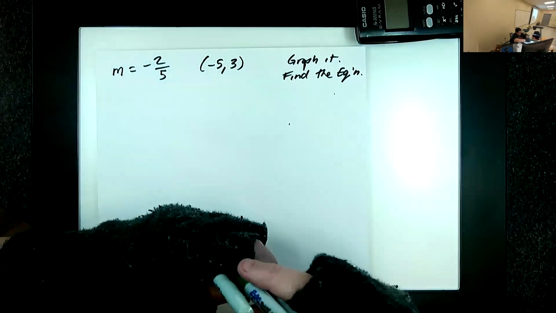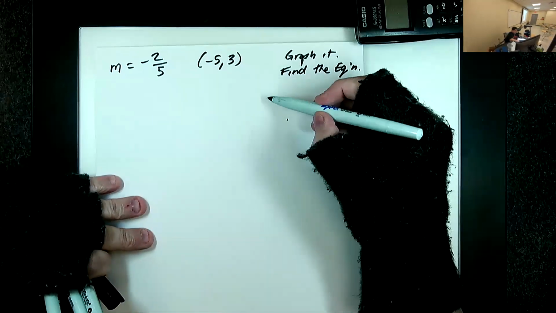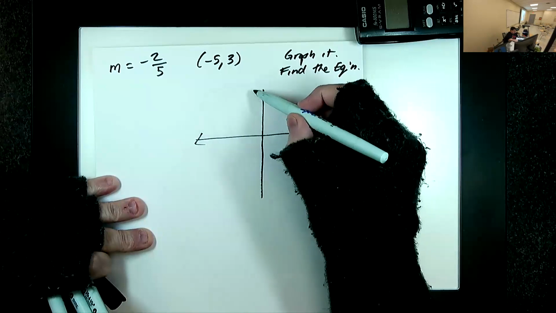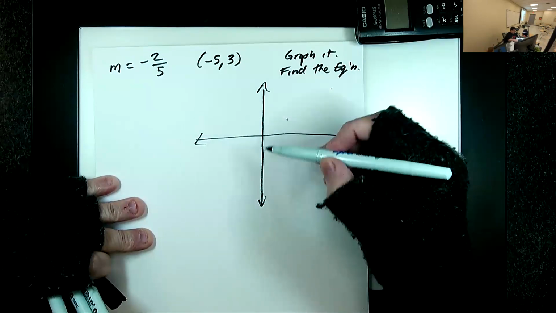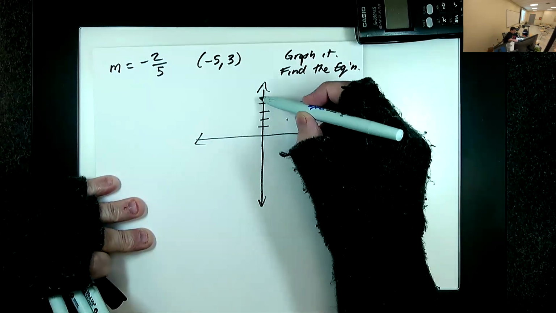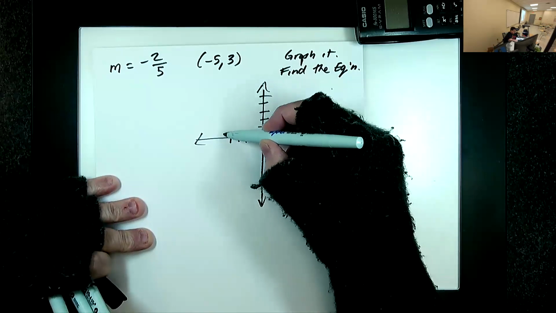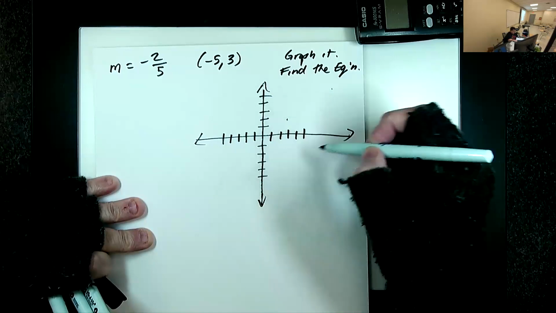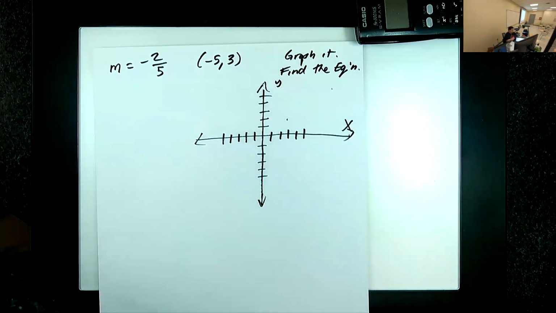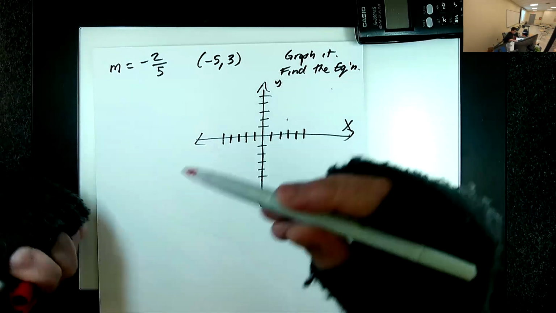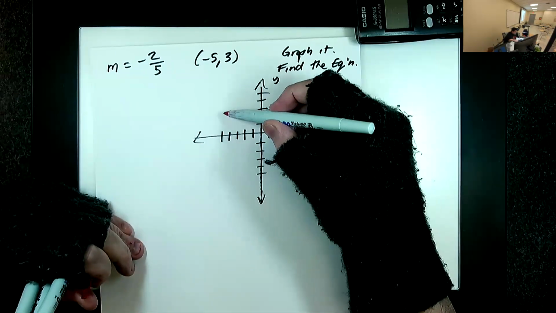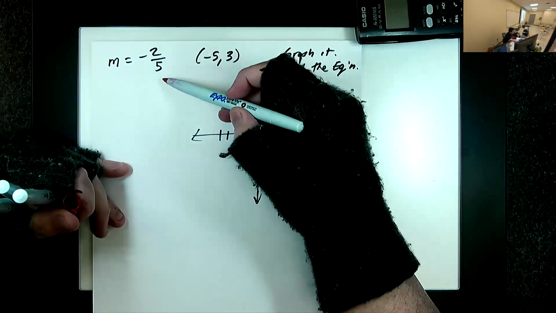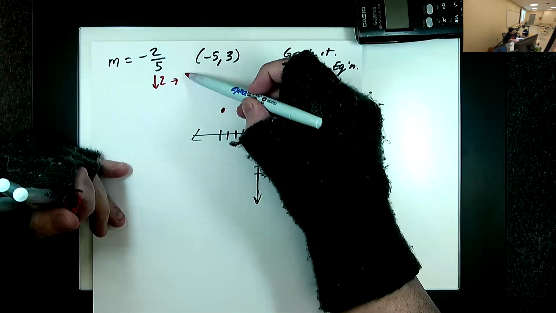All right, so if we graph it, what do we got? And (-5, 3) is right about there. And this is a down 2, right 5.